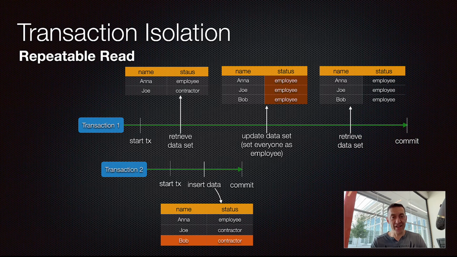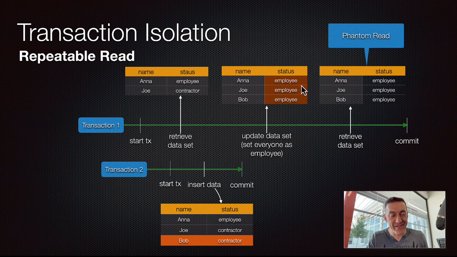So this is basically repeatable read, and again, every single isolation has its own phenomena. The phenomena in the database lingo that we are observing is called phantom reads, because the first retrieval gave you one data set, and the second one gave you a different data set. So that's the repeatable read.